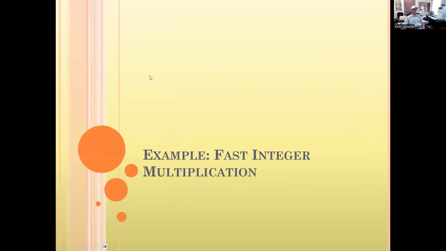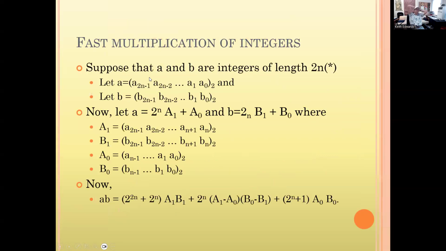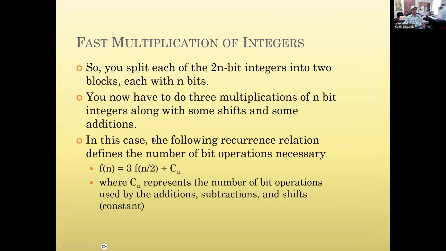Another place where we use divide and conquer algorithms is fast integer multiplication, and this will work for binary numbers. Basically, we're splitting the n-bit binary integers into smaller blocks and then doing some more additions rather than multiplications.